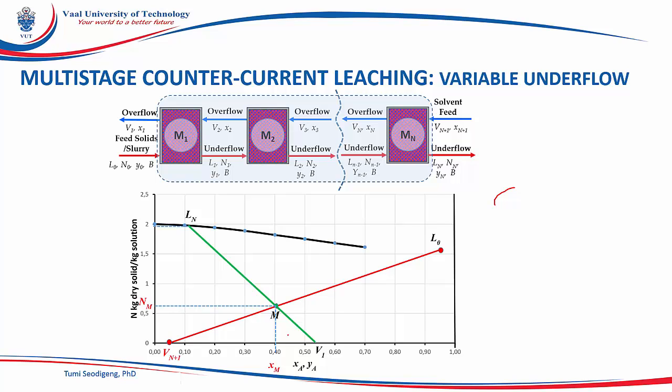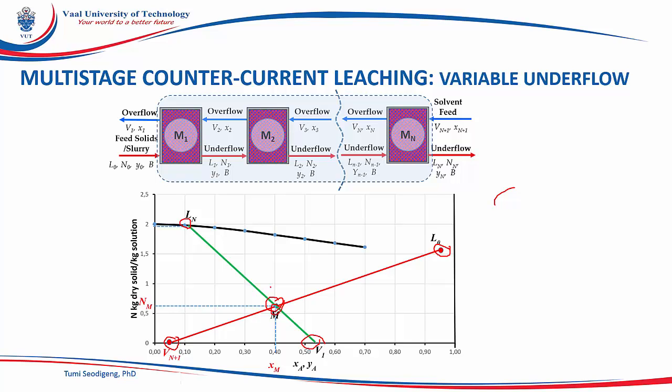As shown before for a single stage calculation in lesson 1, points L0, M, and Vn+1 must lie on a straight line because point M is made by mixing Vn+1 and L0. And also points Ln, M, and V1 must lie on a straight line because Ln and V1 are made from the separation of mixture M.